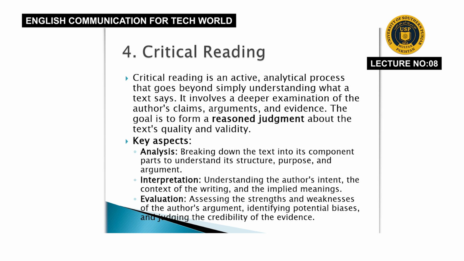In this aspect, understanding the author's intent, the context of the writing, and the implied meanings is important. The next aspect is evaluation. In evaluation, you assess the strengths and weaknesses of the author's argument, identifying potential biases, and judging the credibility of the evidence.